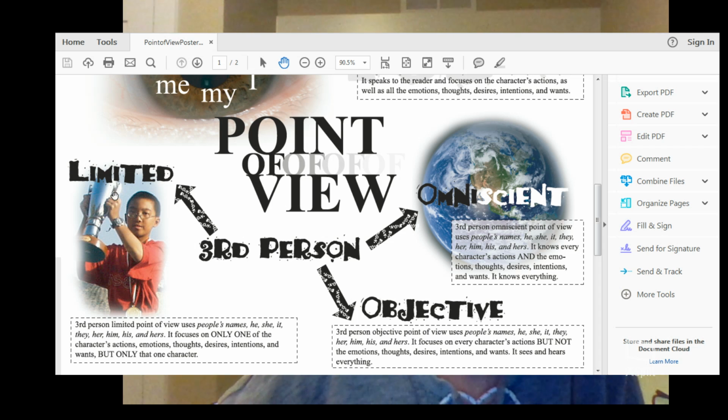It focuses on only one of the character's actions, emotions, thoughts, desires, intentions, and wants, but only that one character. So limited, it's very one-sided, but it is talking about another character. Like he jumped over the fence. He was feeling angry. Or Steve was feeling mad.